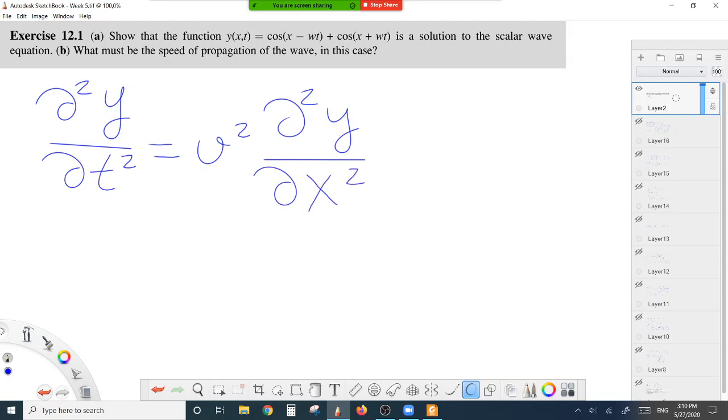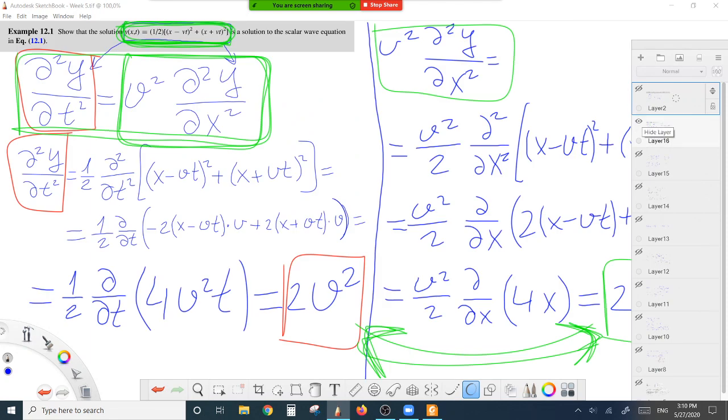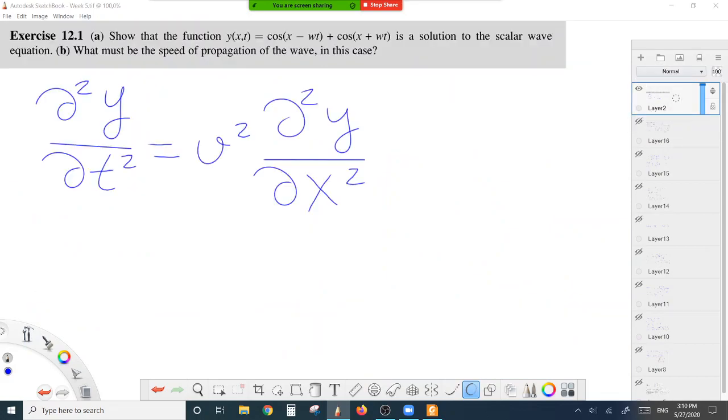This was the equation for the scalar wave. You need to show that this function is a solution for this equation, and you need to find what must be the speed v, the speed of propagation of the wave in this case.